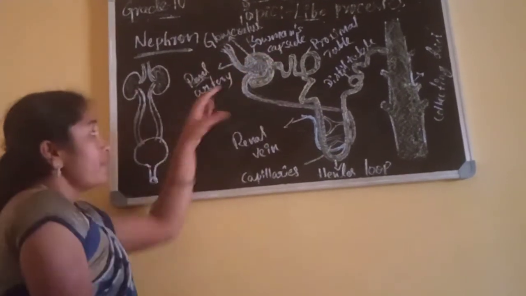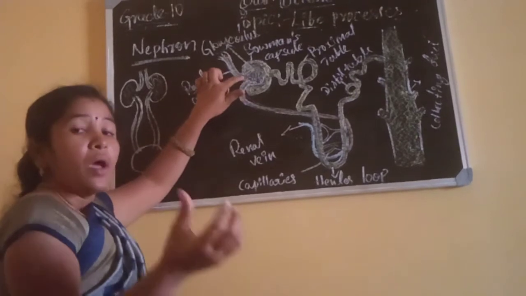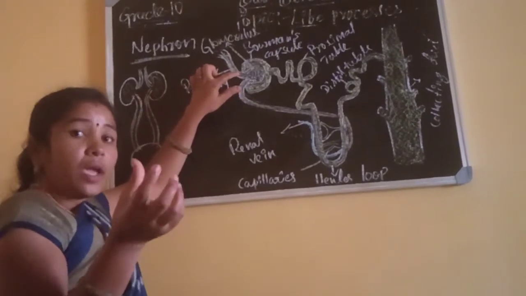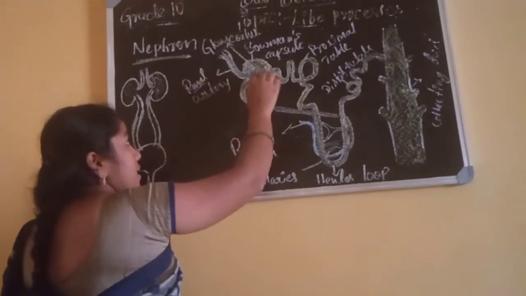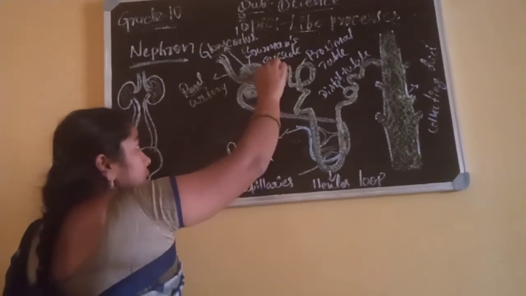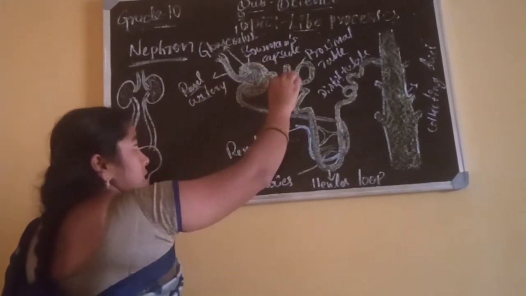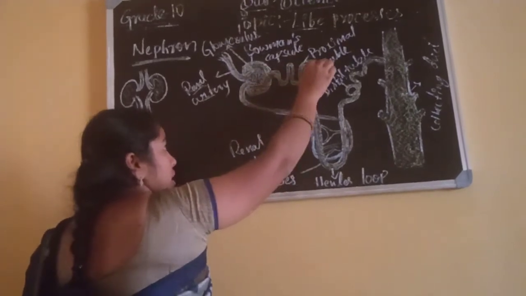Ultrafiltration takes place in this glomerulus. Some substances are absorbed by the capillaries. Then the remaining unwanted things are released out through the Bowman's capsule. These unwanted materials will move to the proximal tubule.